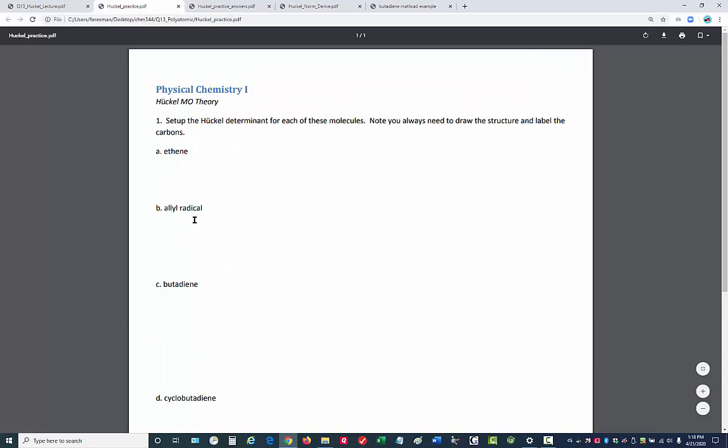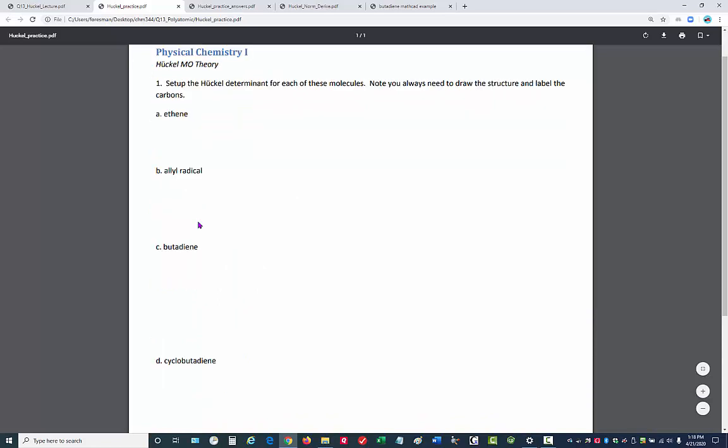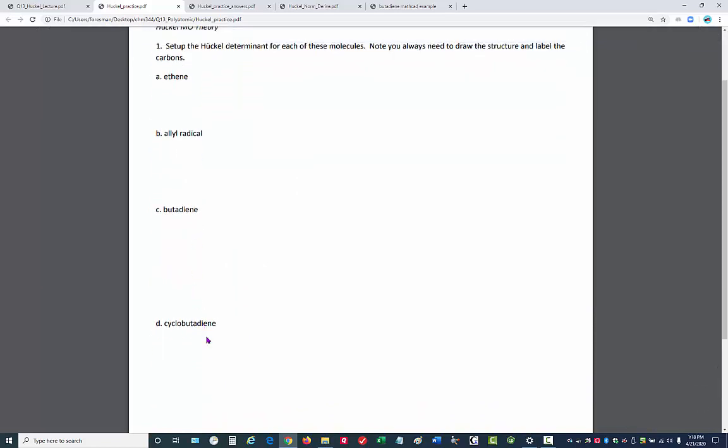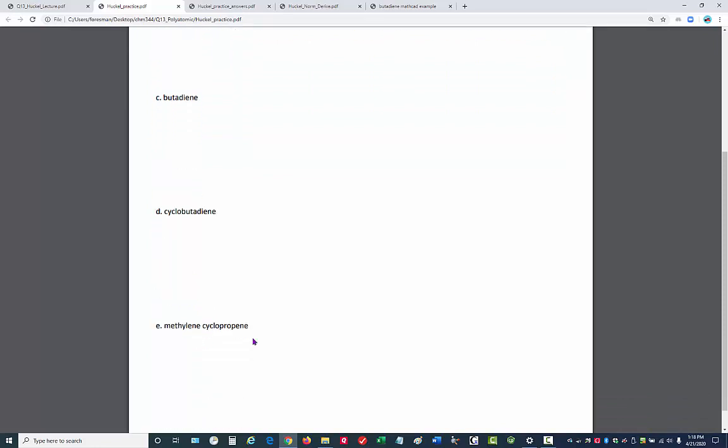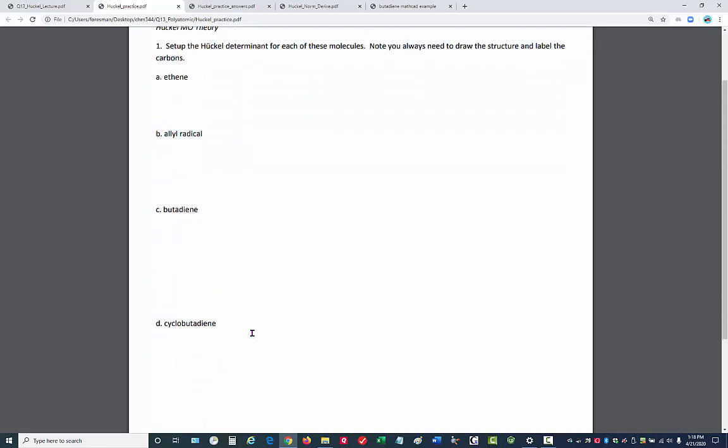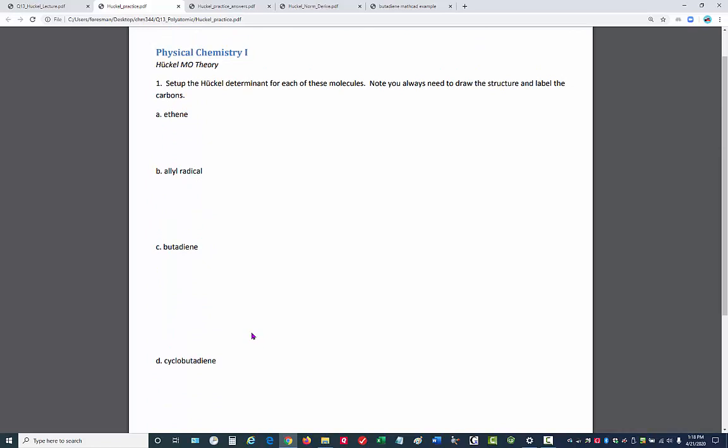ethene, allyl radical, cyclobutadiene, methylene cyclopropene. We're going to do each of those examples. If you're not sure what the structure of that molecule is, you can easily find it. Look it up.